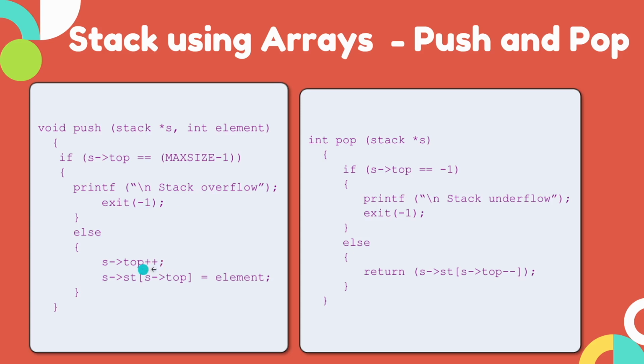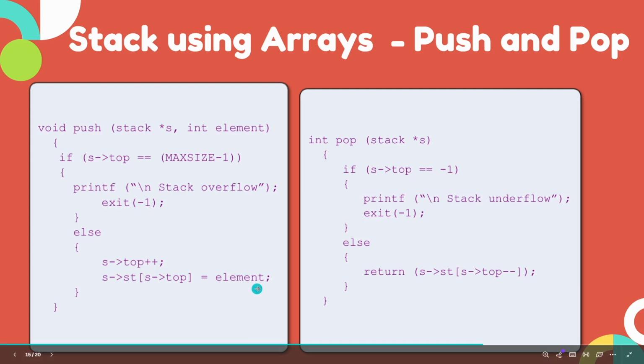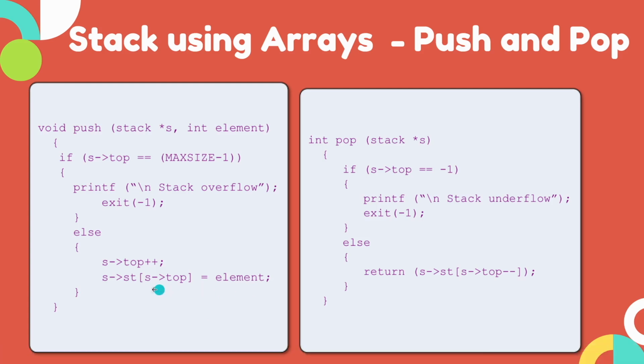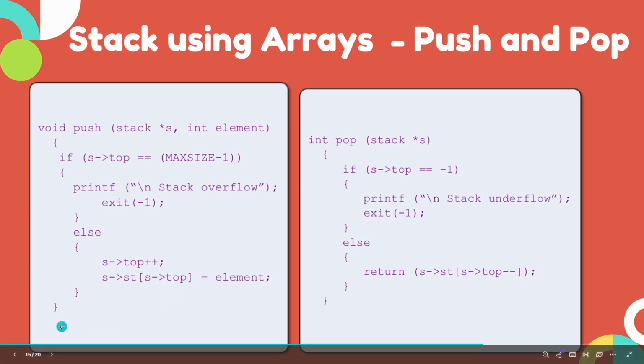So, S top plus plus will increment top by 1, and we place the element at the position pointed to by top. S arrow st of S arrow top would be the location in the stack where the element has to be placed. So, we place the element in that position and just exit.